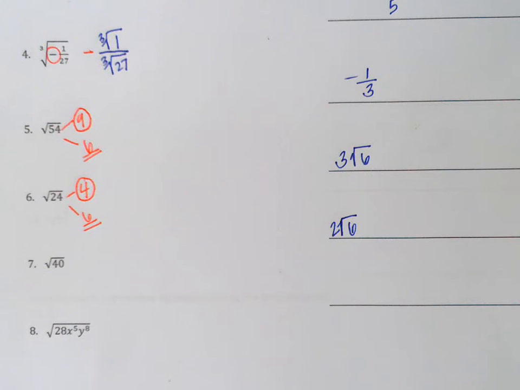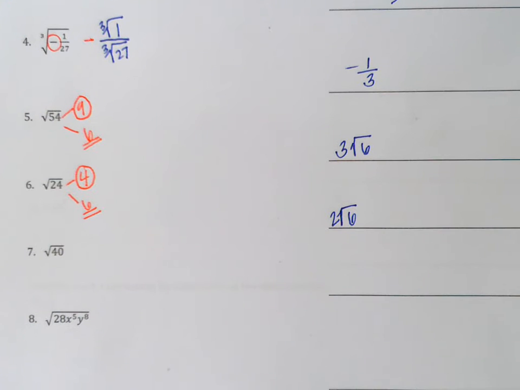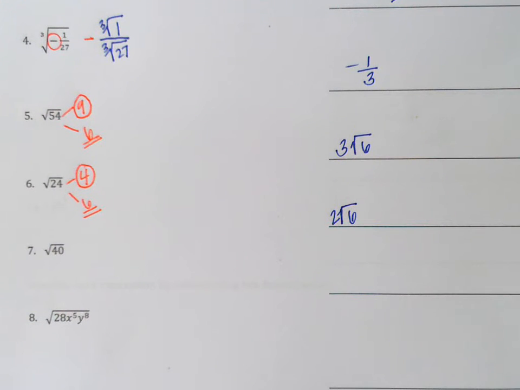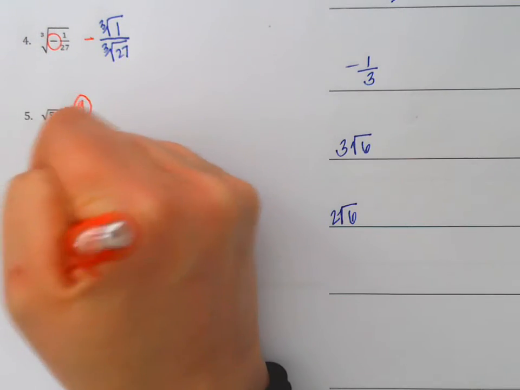Okay, let's look at the square root of 40. So the square root of 40, we're again thinking, what's a perfect square that goes evenly into 40? And I know my factors of 40: 1 times 40, 2 times 20, 4 times 10. And I stop there because I know 4 is a perfect square.